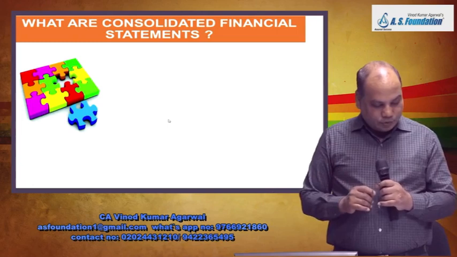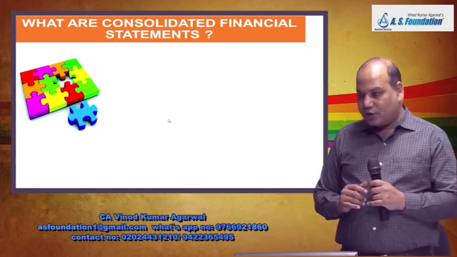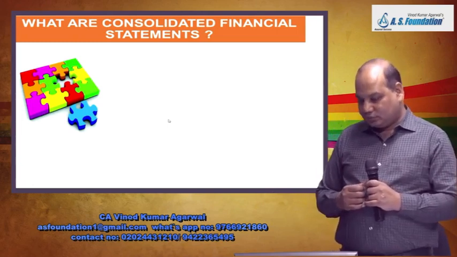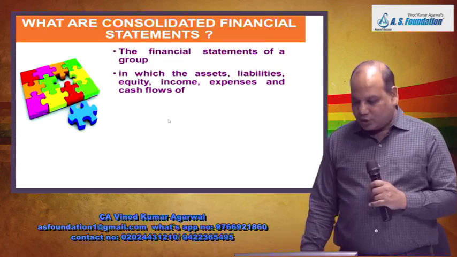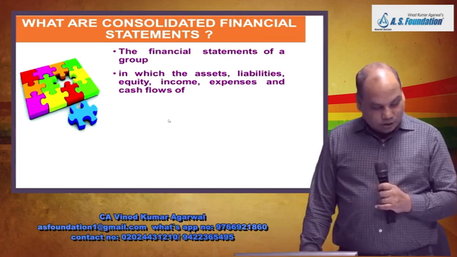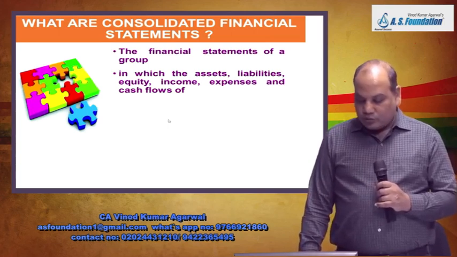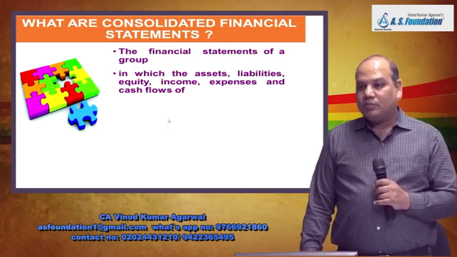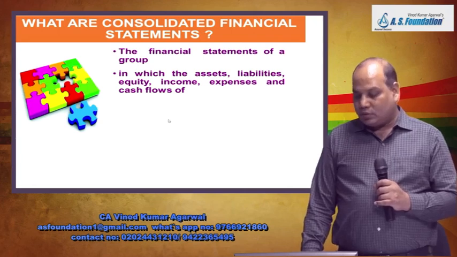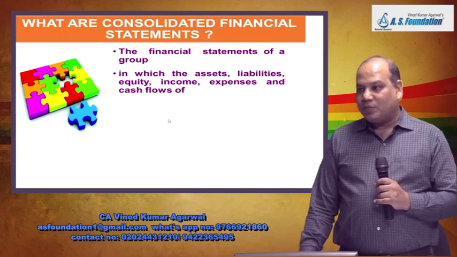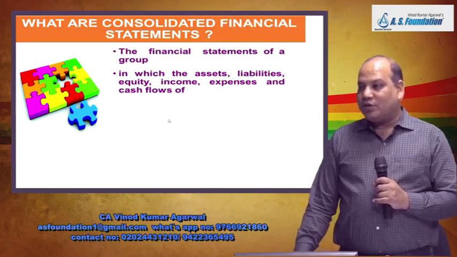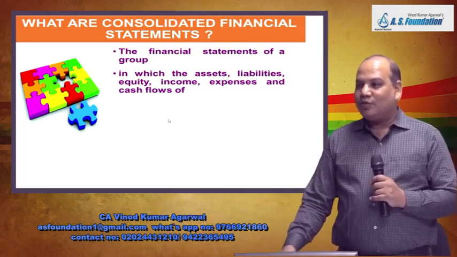Come to para 4. What is CFS? CFS is the financial statement of a group. Underline the word group. What is group? Option A, parent and subsidiary. Option B, parent, subsidiary and associate. Option C, parent, subsidiary, associate and joint venture.